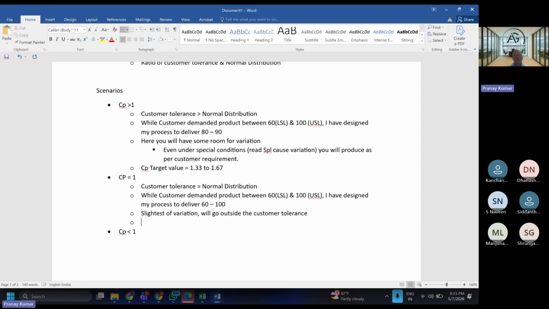And also remember that normal distribution by logic means 99.74% product will pass. Correct, na? Yes, sir. Even normal distribution fits in 99.74%, which means some portion will always be defect, even if something works perfectly well.